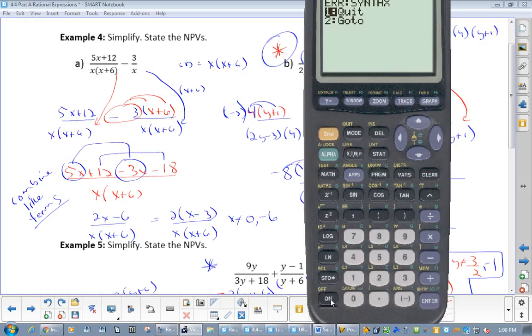Now I have too many brackets on that one. Delete. Please work. It's not working. Okay, 2x minus 3 over x times x plus 6. Yeah, I must have done the question wrong. 5x plus 12 divided by x times x plus 6 minus 3 over x.